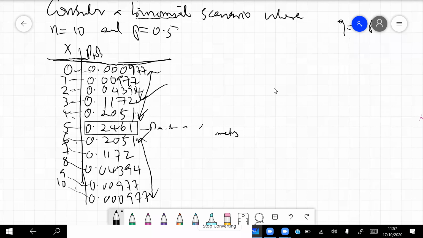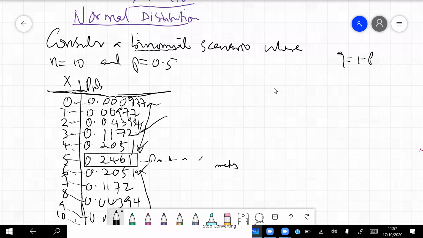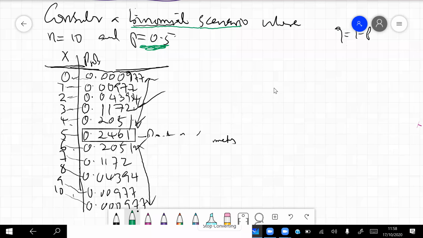So it looks like x is equal to 5 is the point of symmetry in this case. Please notice that this binomial scenario was chosen for convenience, especially the probability value. I chose 0.5 for convenience. If I chose other values of p, the story might be slightly different.